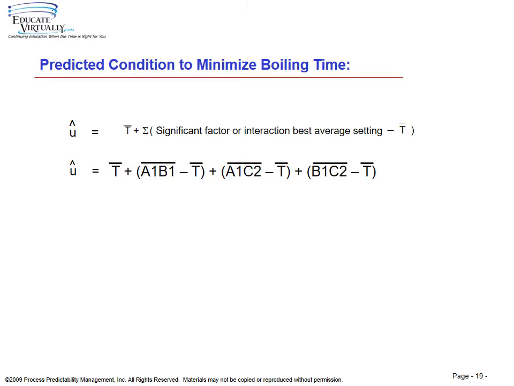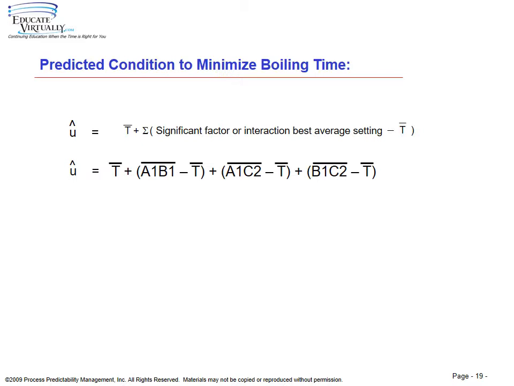Let's go ahead and by hand make a prediction. So here is the prediction equation. Mu hat, which is the prediction, is equal to T-bar plus the sum of the significant factors or significant interaction best average settings minus T-bar. So actually what we're doing is we're looking at the incremental improvements over the overall average based on the best settings of the significant factors.